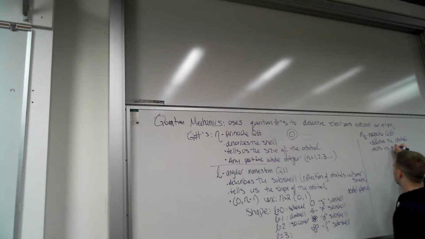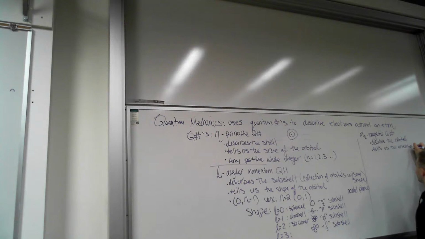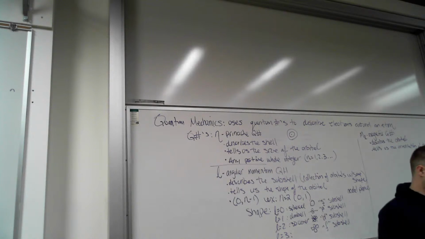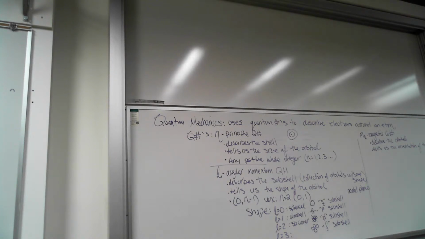It tells us the orientation of the orbital in space. If you imagine your P subshell, which basically looks like this, it can either be this way, or this way, right? Your X, Y, and your Z. So our P subshells have 3 possible orientations in space. And we'll come back to that in a minute.